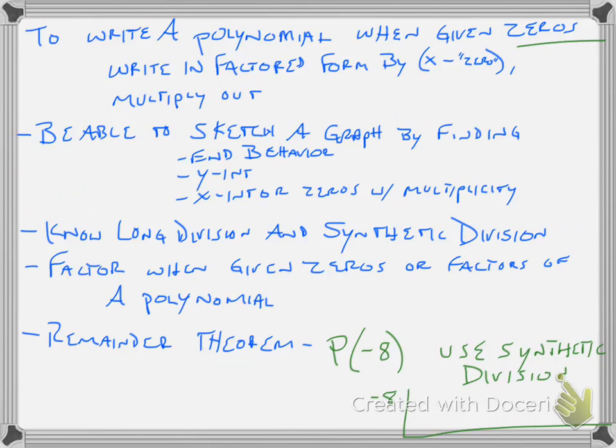You're not given the factor. If you're given the factor or if you're dividing by linear, that's when you would change the sign. Not when you're given the zero or if you're given the x value. And the answer is the remainder. Hence it's in the theorem, remainder theorem. That's a hint.